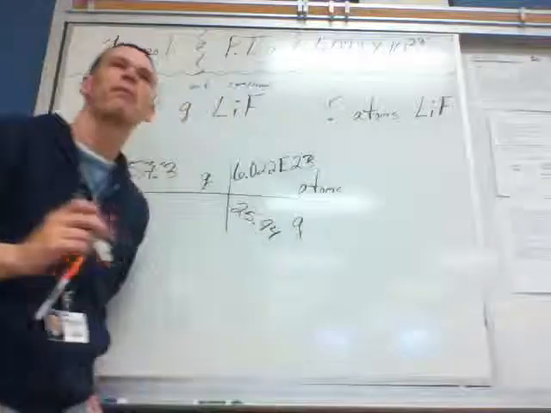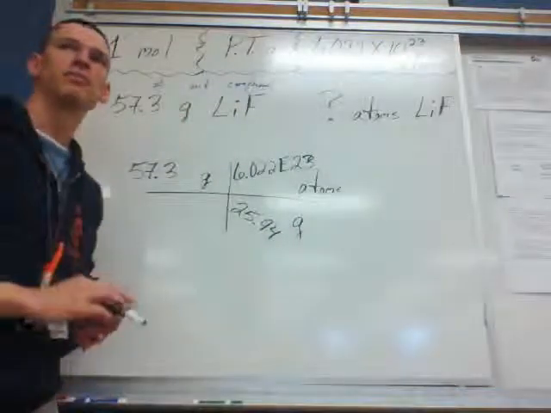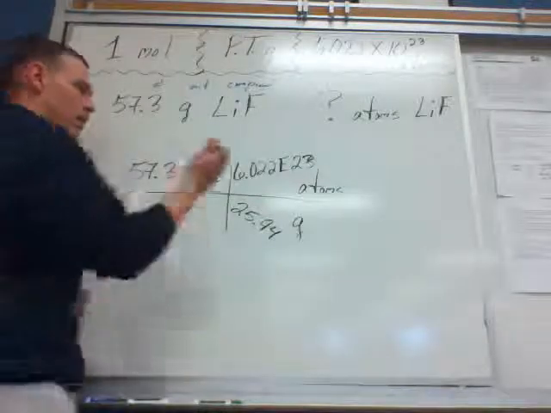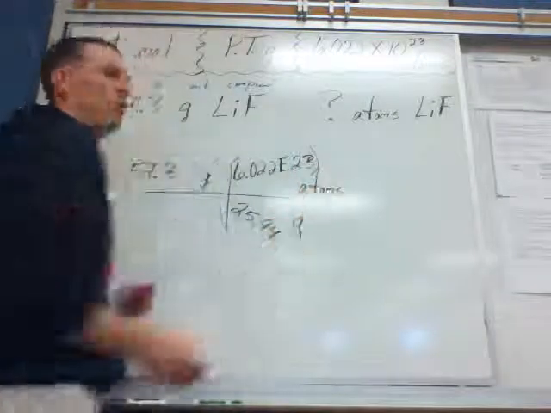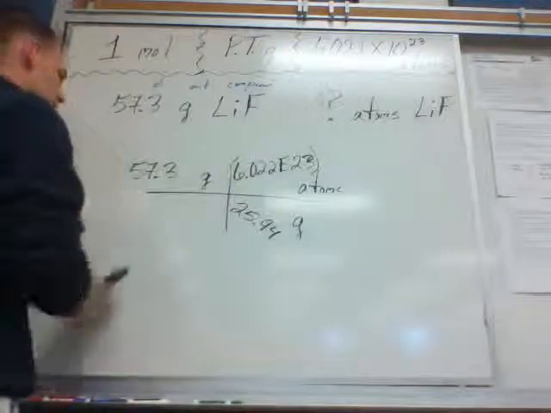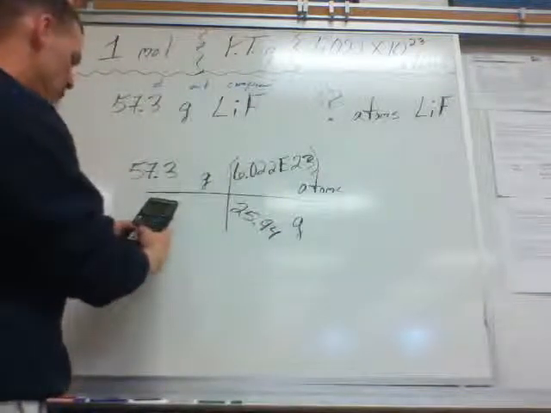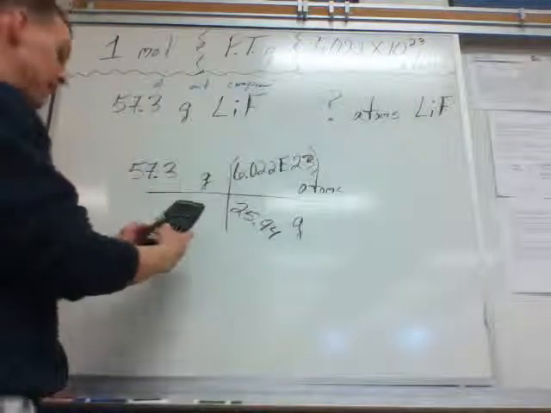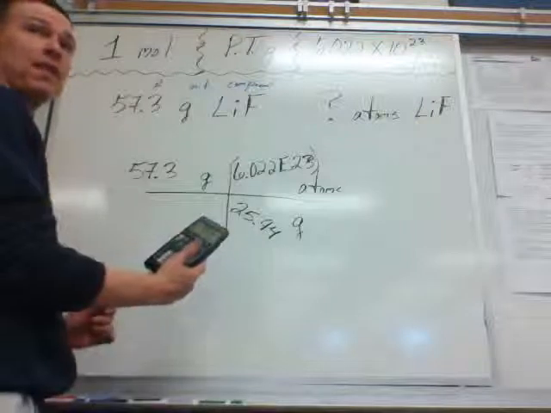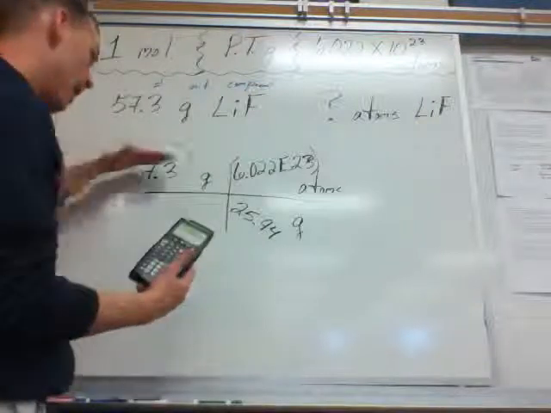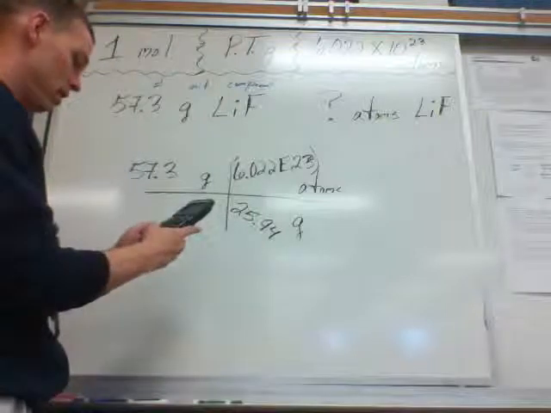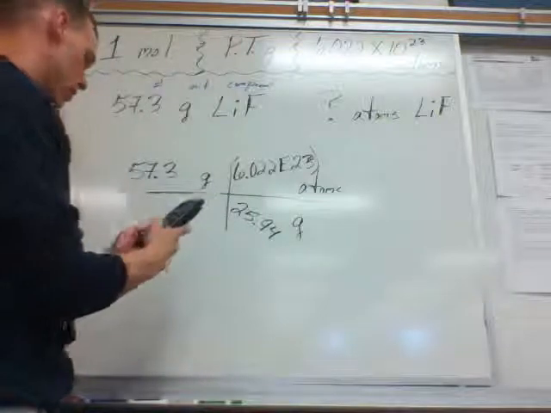Questions, except for the part where I can't draw a 3. I'm going to make a mental note to put that in parentheses when I enter it into my calculator. 57.3 times, open parentheses, 6.022 E23, close parentheses, multiply across the top, divided by 25.94.